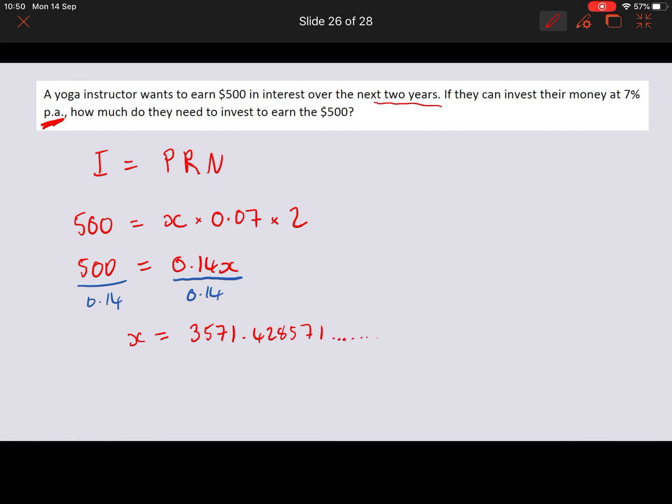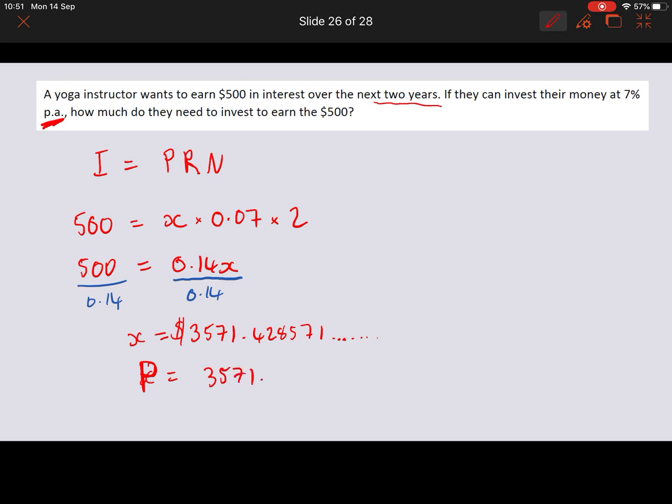Okay, and the number I'm getting on my calculator is 3571.42857. That's what my calculator's showing. I hope I haven't made a mistake. Let me just do a little double check. Yeah, 0.14, yeah. Okay, so I think that's right.